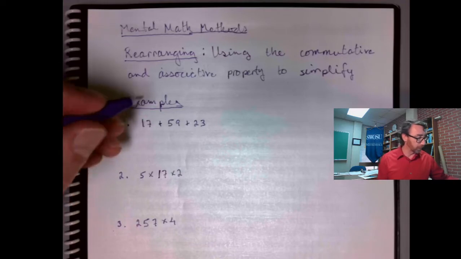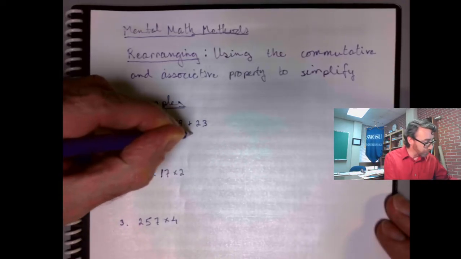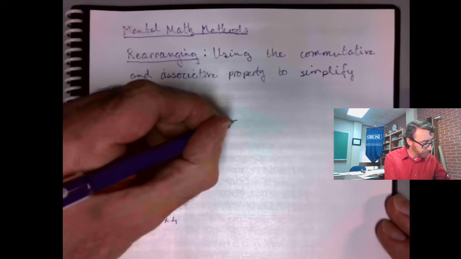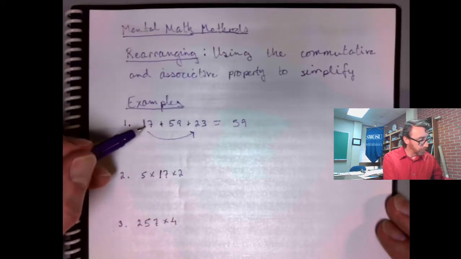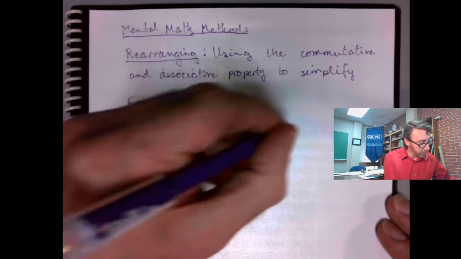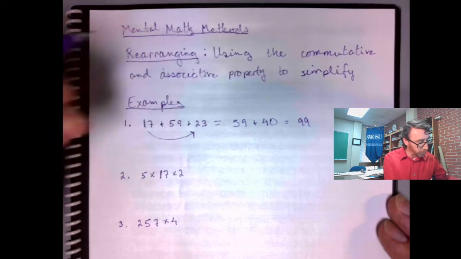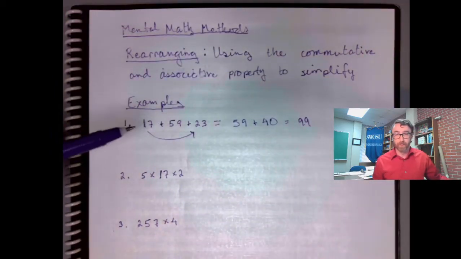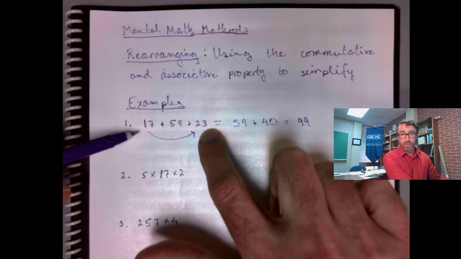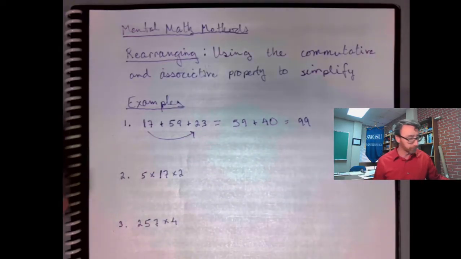So it's much easier to add the 17 and the 23 first. 17 plus 23 gives me 40. And now this is a one-digit place value problem, so I got 99. That rearrangement allows me to handle these two first, making the problem easier.